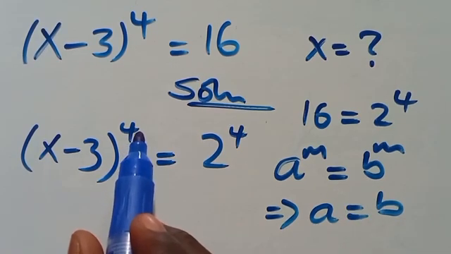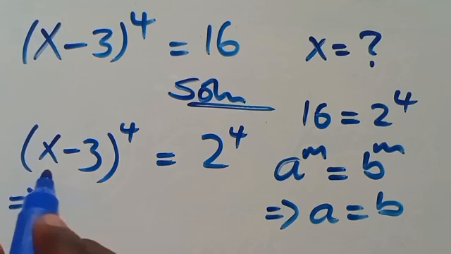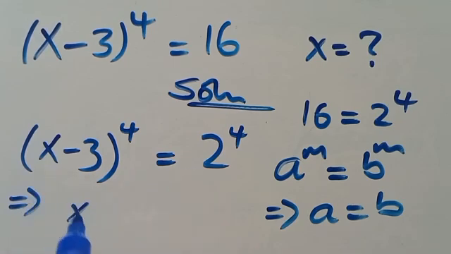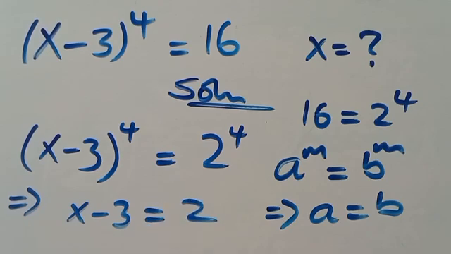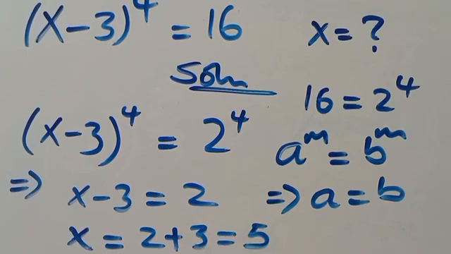So this has the same power as this, so we can equate the bases: x - 3 = 2, and so x = 2 + 3, which is equal to 5.